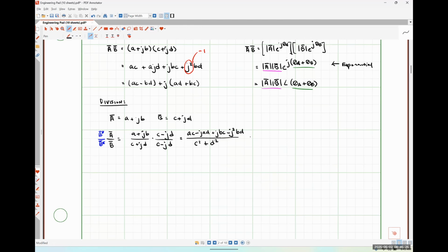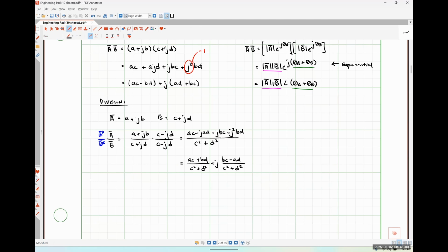Once again, that minus j squared is the same thing as positive 1. And so we can take this one step further. It's actually going to look like ac plus bd over c squared plus d squared, plus j times bc minus ad over that same denominator, c squared plus d squared.